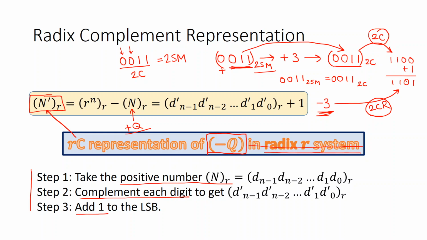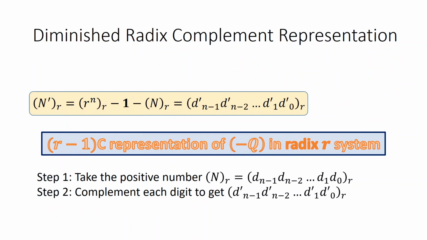After all this, we look at another representation, which is the diminished radix complement representation, which is very straightforward, nothing very unusual. If you understand radix complement, diminished radix is also understood. Here, instead of defining the complement of a number as R^n minus N_r, we are defining the complement as R^n minus 1 minus N_r.